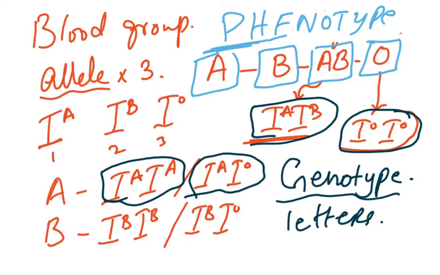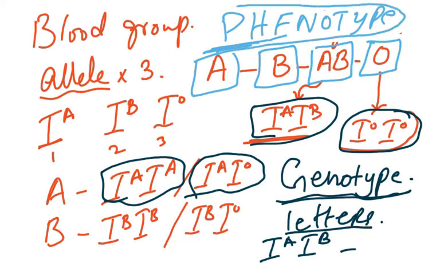If it's a phenomenon of codominance, then we use two letters, like I raised to the power A and I raised to the power B. So this is a codominant phenomenon. Genotype is always letters. Phenotype is the physical features, and we will say the person has blue eyes or brown eyes. So brown eyes or blue eyes is the phenotype.